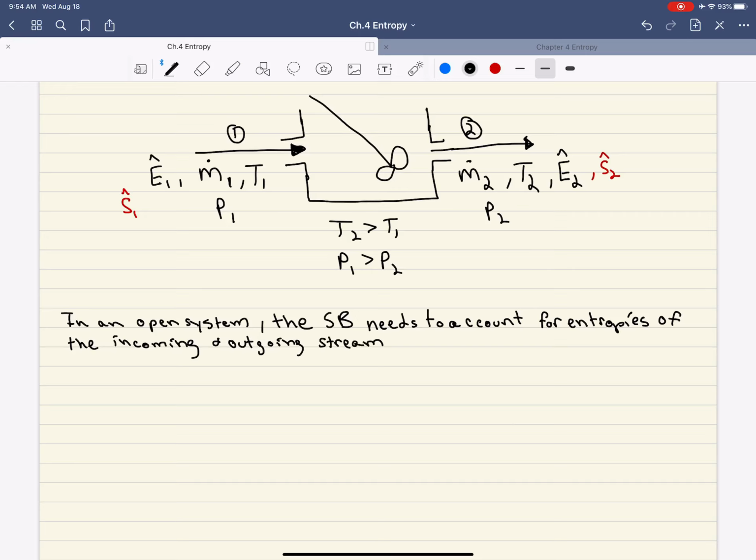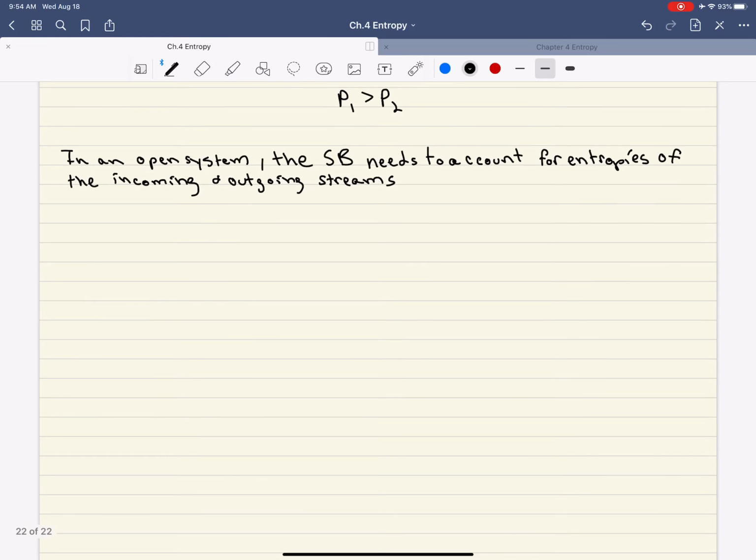Okay? And so what we could do is we could take the rate form of the energy balance and we can modify it like so. And so that's essentially what the open system entropy balance is going to be.